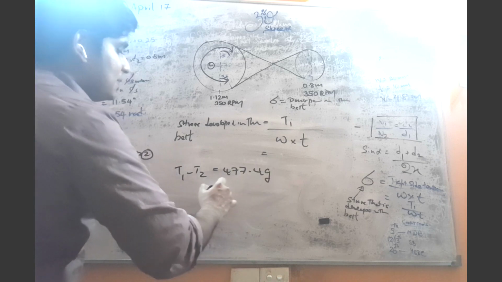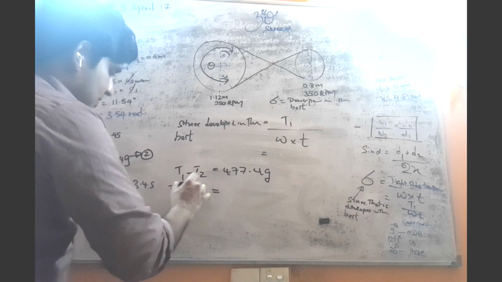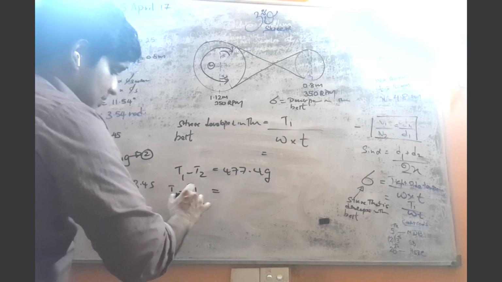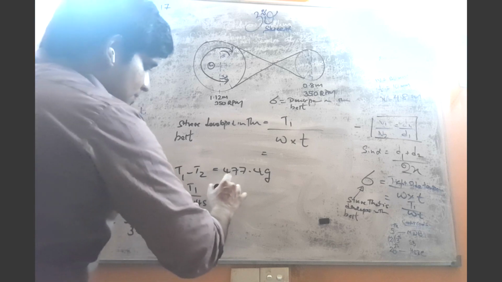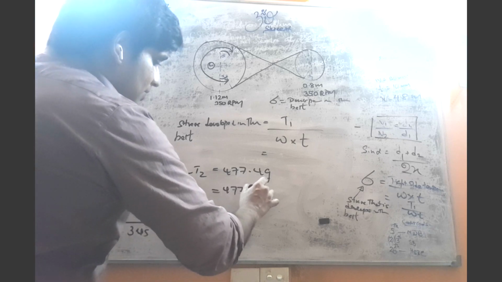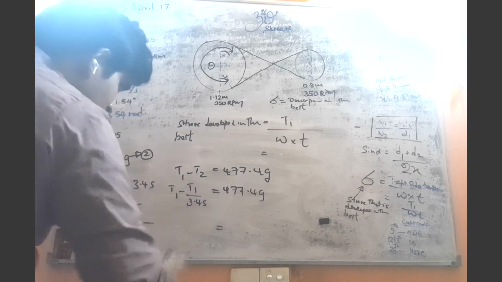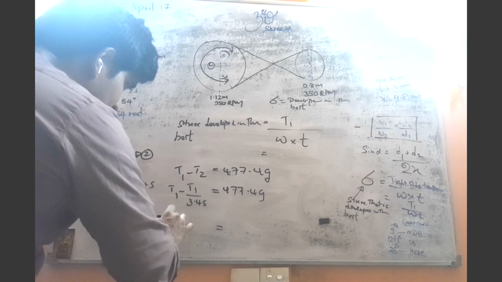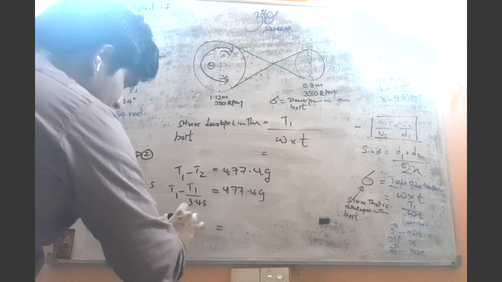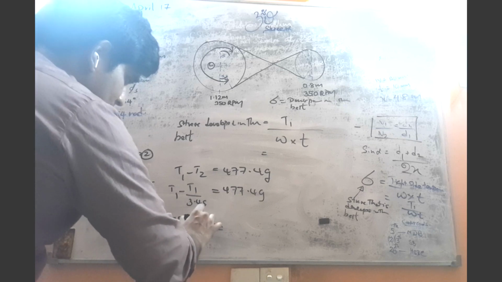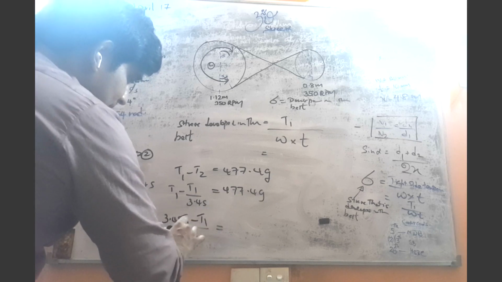Simplifying, T1 minus T1 divided by 3.45 equals 477.49, so multiplying through by 3.45 gives 3.45 times T1 minus T1.